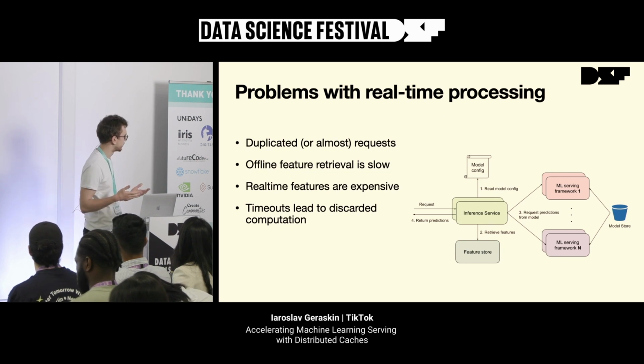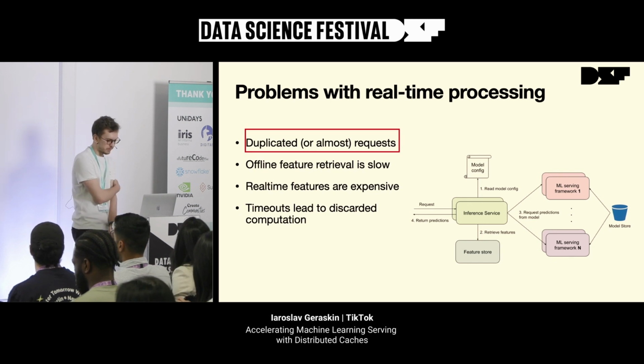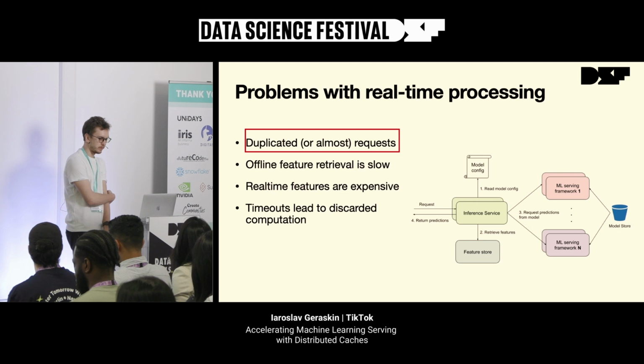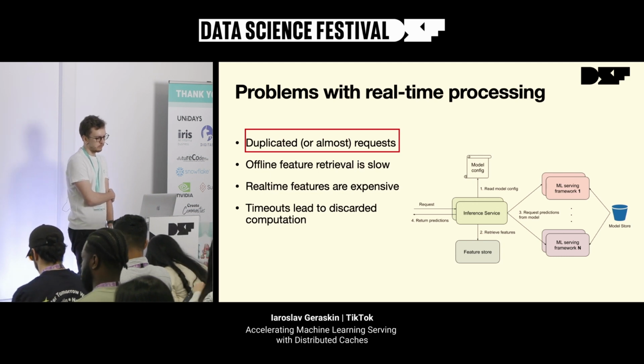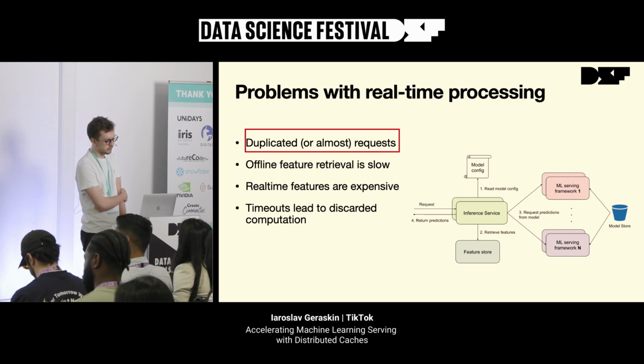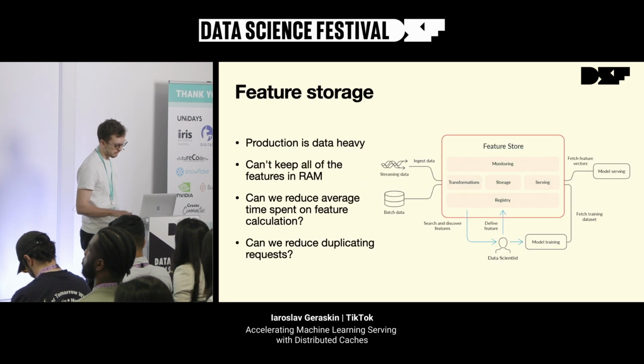So this is the main problem that we want to focus on and try to solve, because all of the other problems are more difficult to solve and just require more resources to fix them.